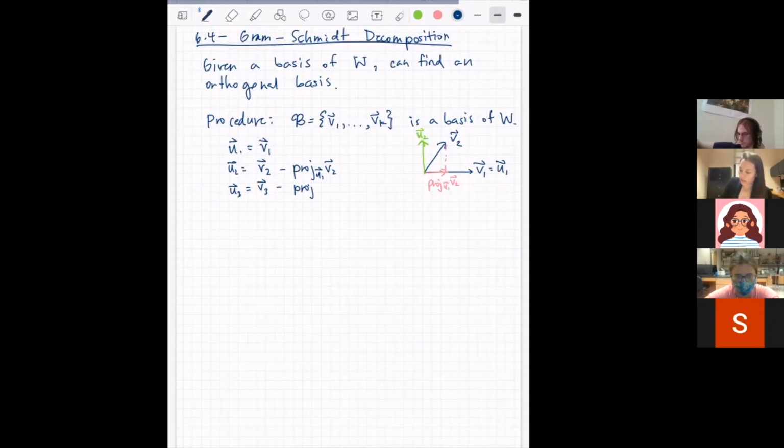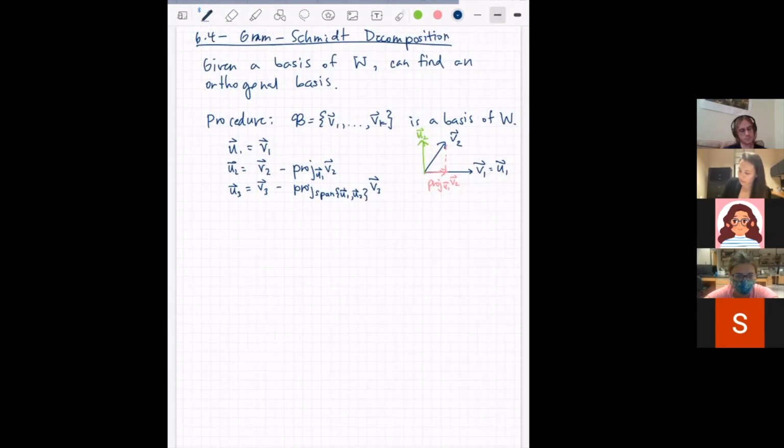So here we're going to project instead onto the plane that is spanned by U1 and U2. We talked last time about how to project onto planes and higher dimensional spaces as well. So we're going to take off that whole part. So we'll get something that is orthogonal to both U1 and U2.